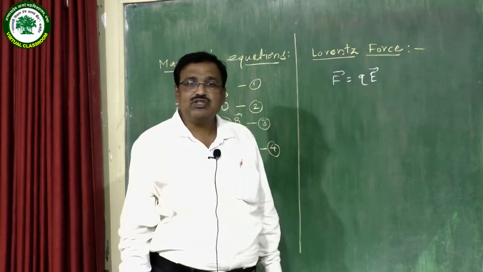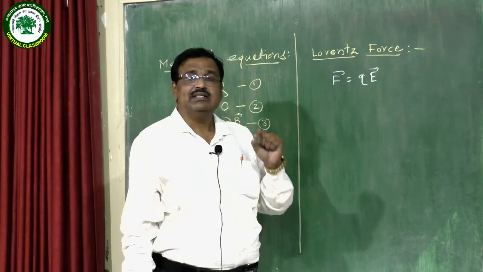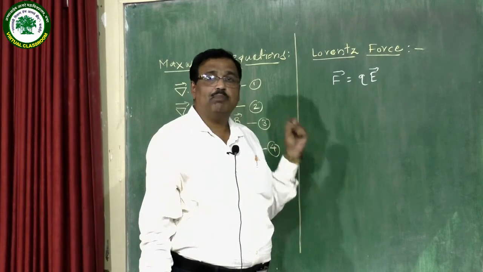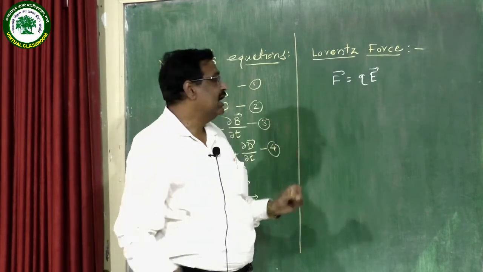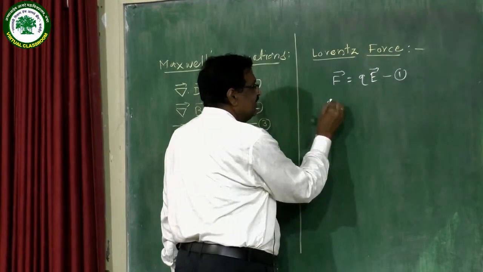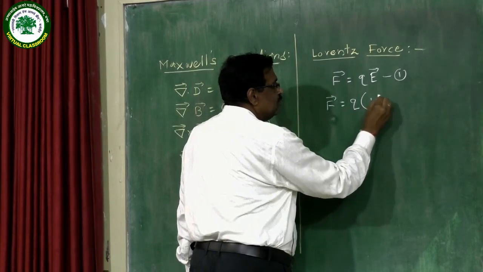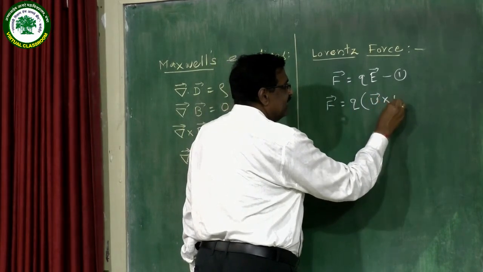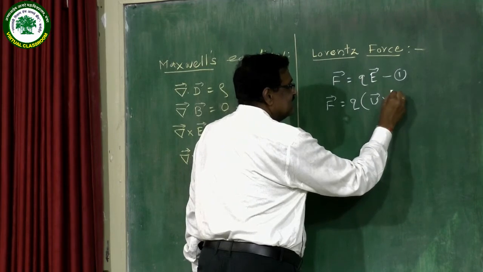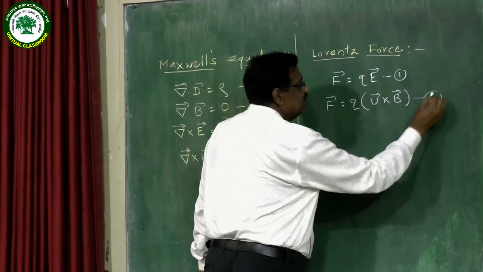Similarly, in the case of magnetostatic theory, if a charge is moving with velocity V, then there is also a force exerted on that charged particle. So this is equation 1. Now that force is defined by F is equal to Q, where the charge is moving with velocity V, so there is a sideways deflecting force, as well as the existence of magnetic induction, indicated by B, and so this is equation number 2.